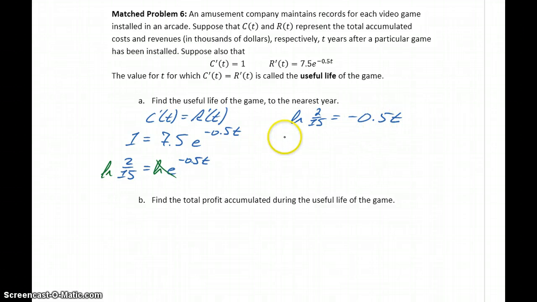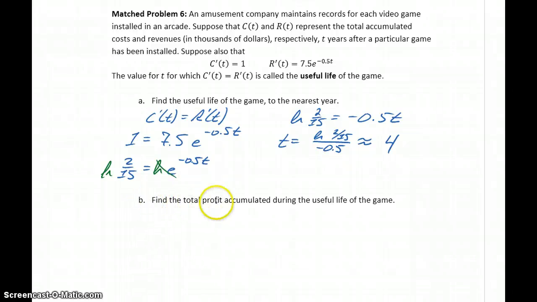And then dividing both sides by negative 0.5 will give us the natural log of 2/15 divided by negative 0.5, or approximately 4 years. So the useful life of this particular arcade machine is going to be 4 years.